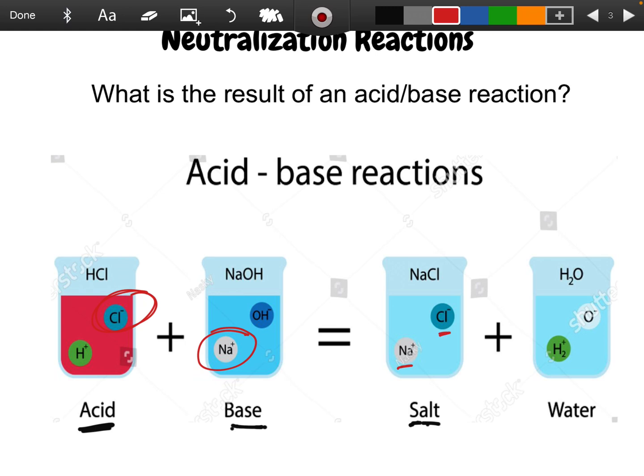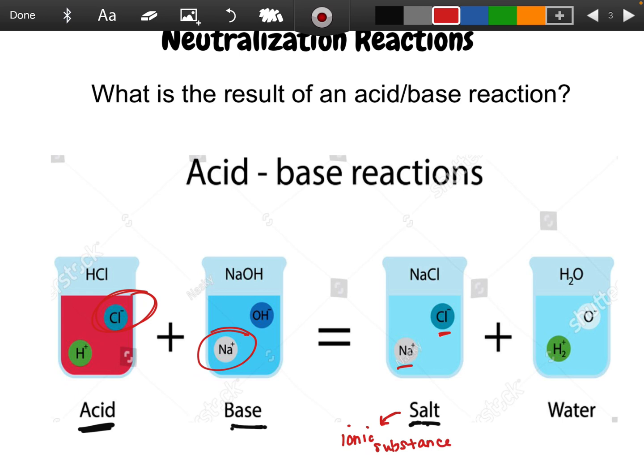Now, we know NaCl is actual table salt. However, the definition of salt for this purpose is any ionic substance. So basically, the salt will consist of a metal and a nonmetal, but it could be any nonmetal or metal combination depending on what acid and what base was mixed together.